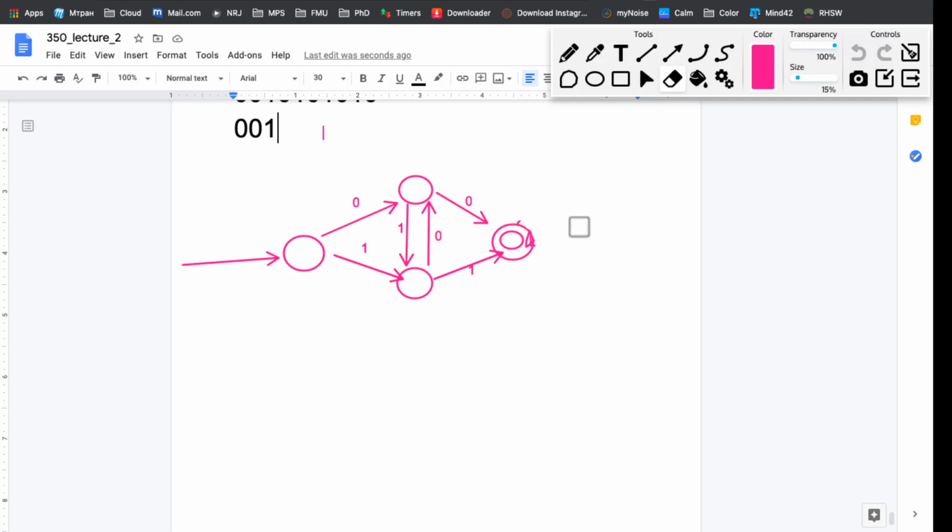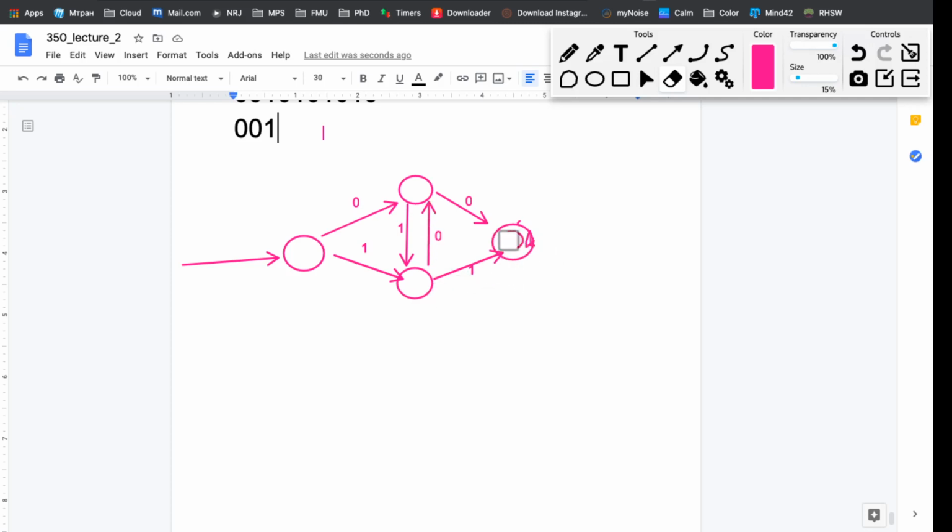Okay, and now check this out. So what does this state mean, right? That means the last two symbols we saw were either 0, 0 or 1, 1, right? And we should probably loop on something, right? So if the last two symbols we saw were 0, 0, we should loop on zeros. If the last two symbols were 1, 1, we should loop on ones.